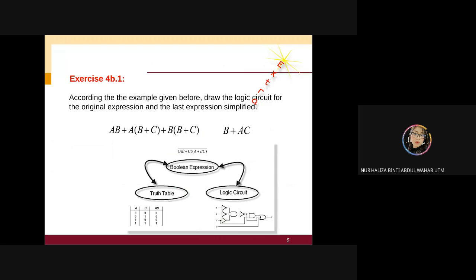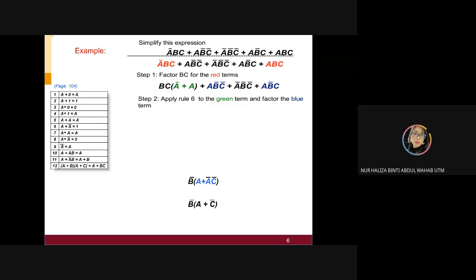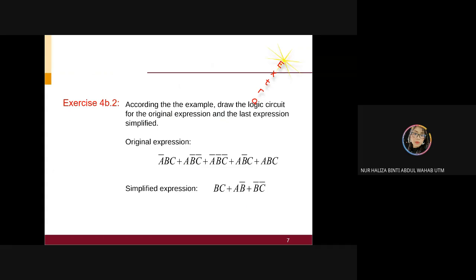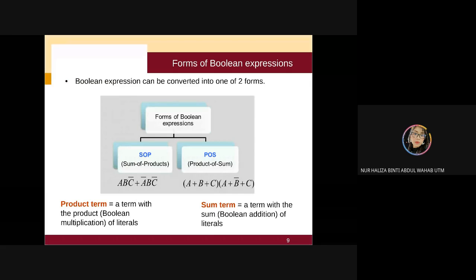What else? We just go through. You can see you have an exercise on this long example. Later we try to solve this together. And there is also another one you need to simplify. Then you can see the things that I showed you just now. You will learn on SOP and POS, sum of product and product of sum.